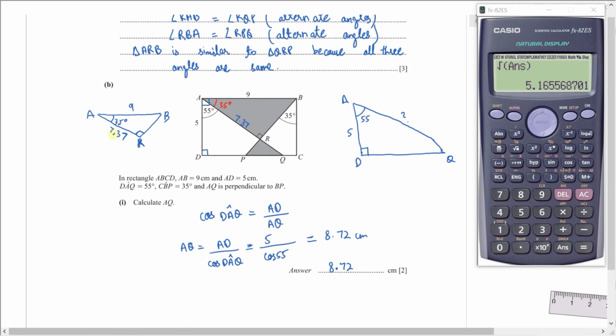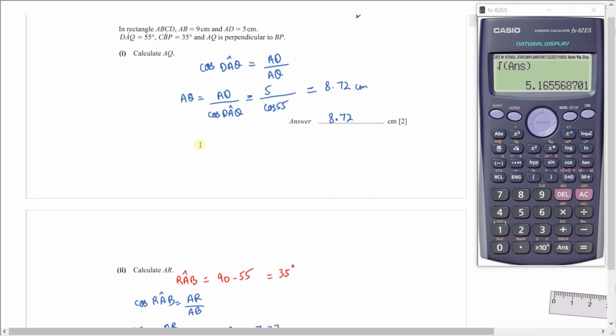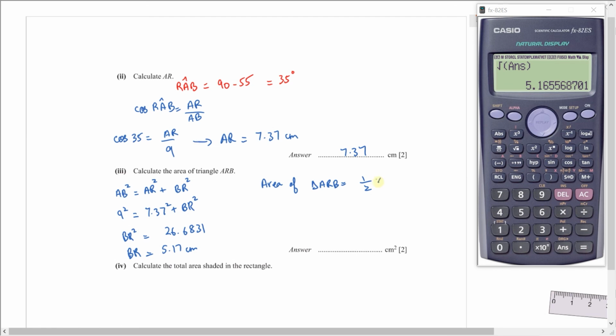So 1 by 2 into base is this, and this is 5.17, the height. So 1 by 2 into 7.37 into 5.17. So this is 19.05. So up till three significant figures, this will be 19.1 centimeter square.